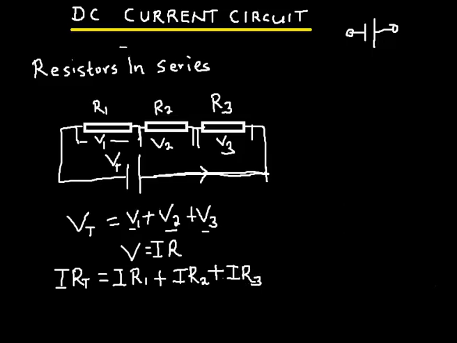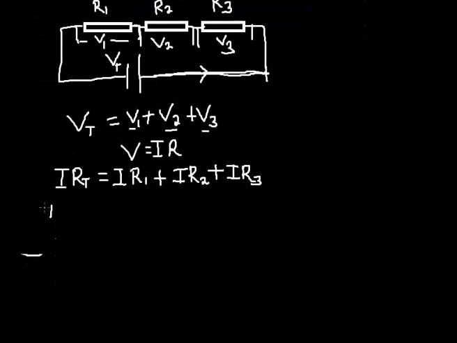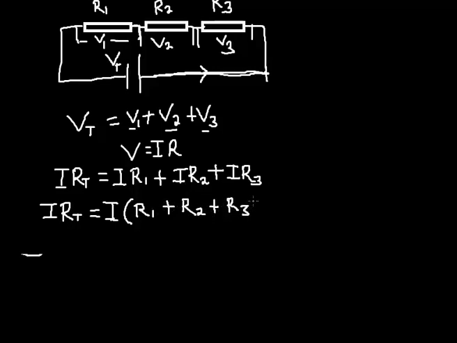Now looking at the right hand side of the equation, you discover that I is common, so I factorize. I is placed outside the brackets, and I have R1, R2, and R3.